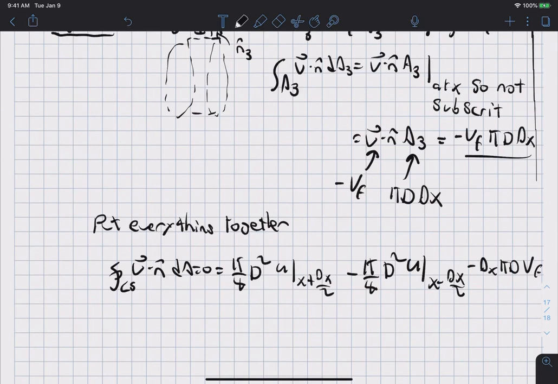I tapped the up button and it moved up a page. Sorry about that. Okay, and this is equal to 0.